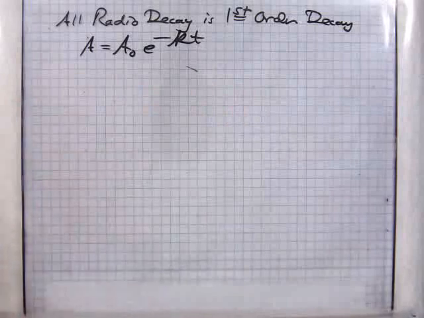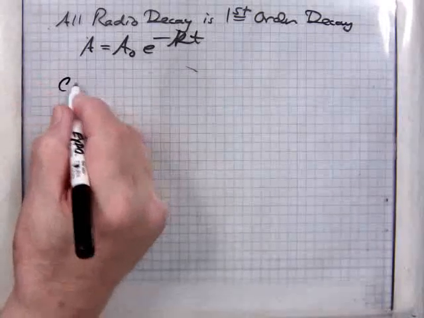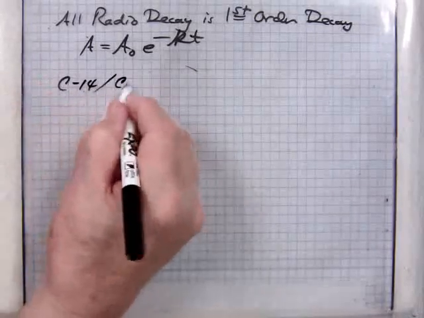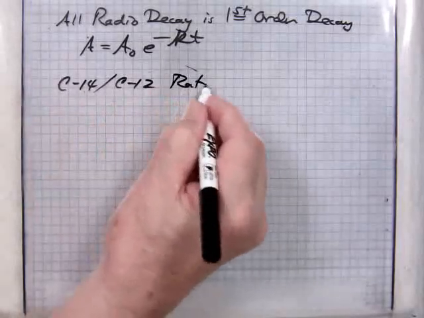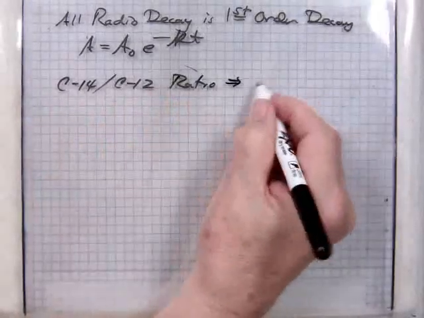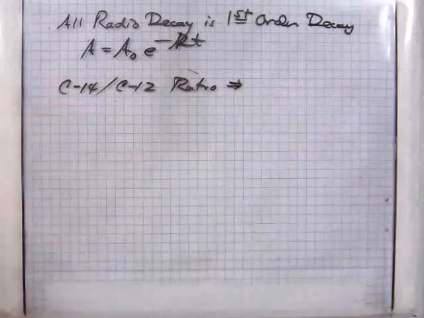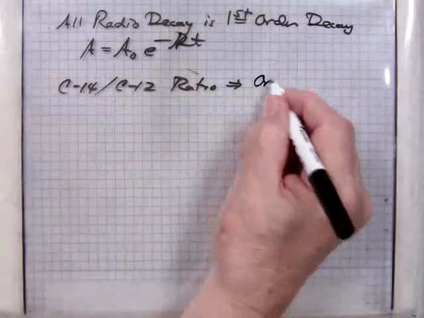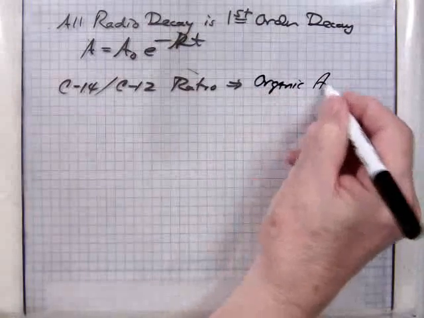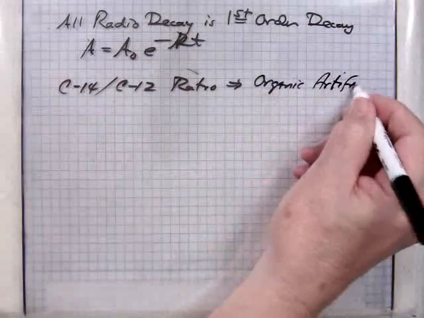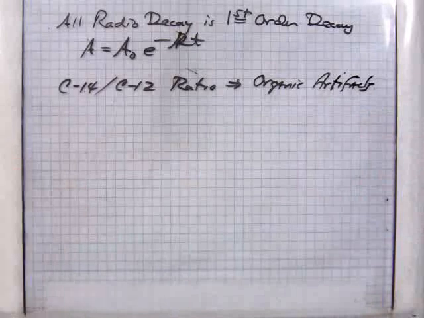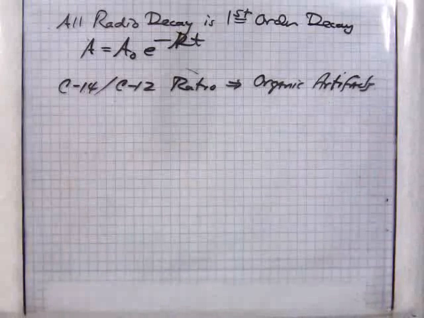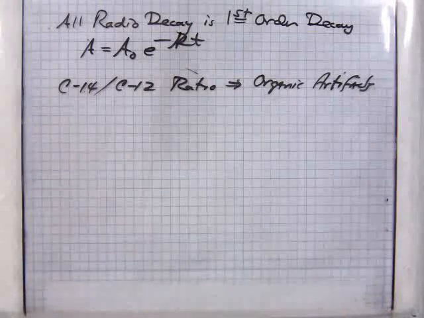And for organics, it's usually a carbon 14 to carbon 12 ratio for radio dating of organic artifacts. You, me, and living tissues, regardless whether it's animal or plant, have a carbon 14, carbon 12 ratio of 1.